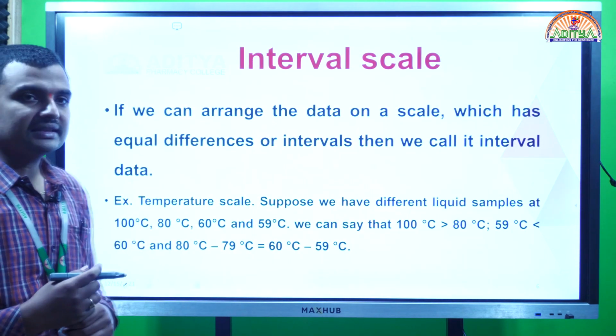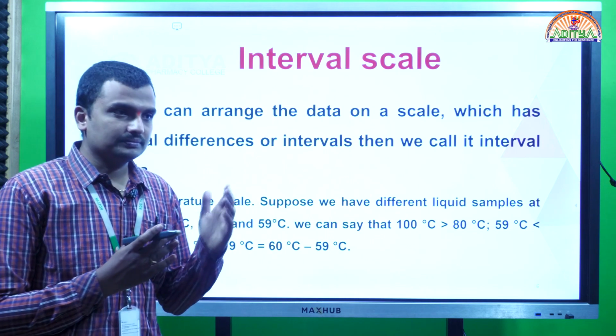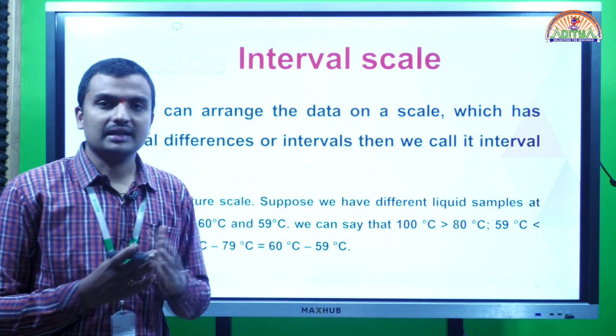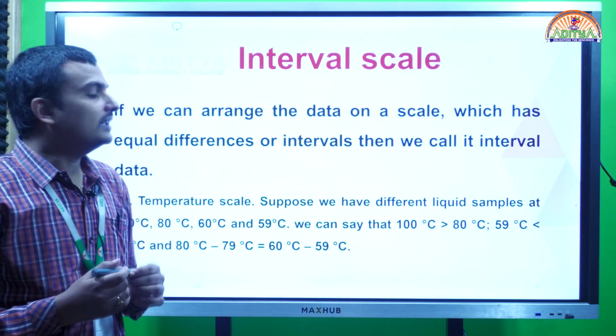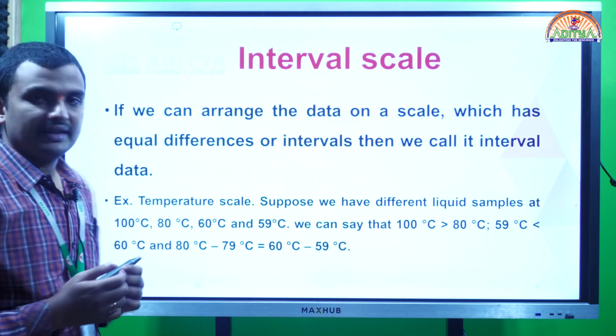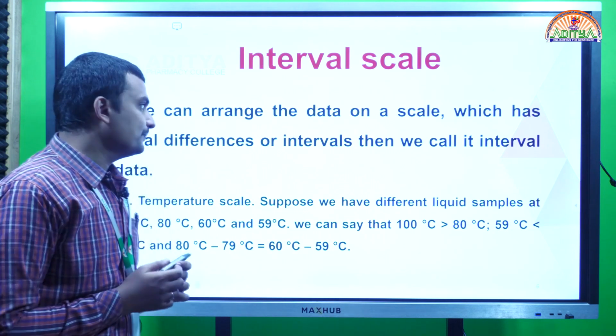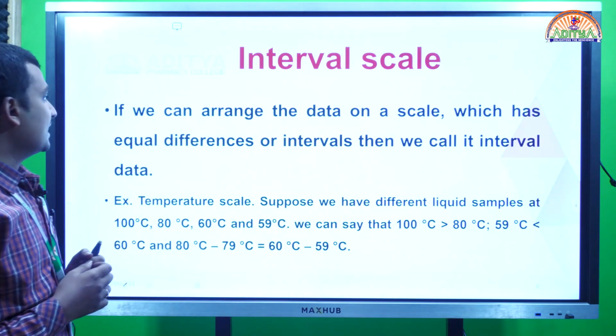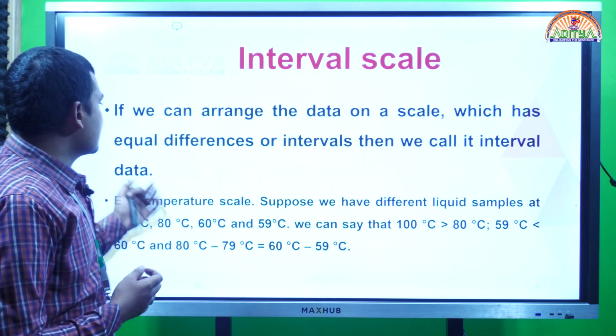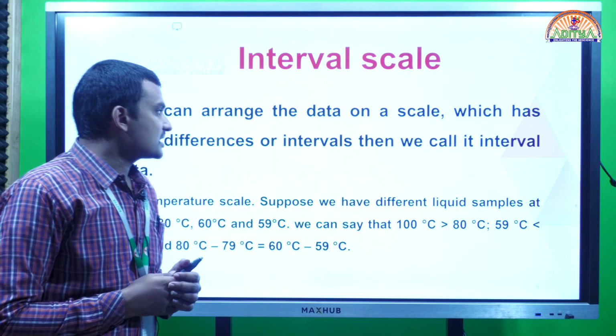After the nominal scale and ordinal scale, the other scale we use for representing data is the interval scale. In the interval scale, we arrange the data on a scale which has equal differences or intervals.